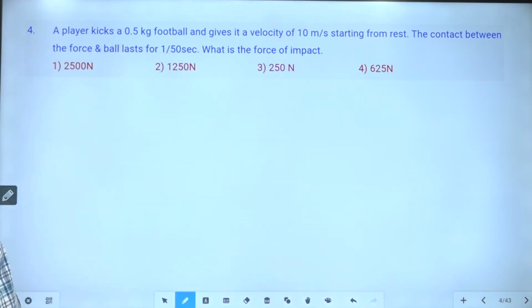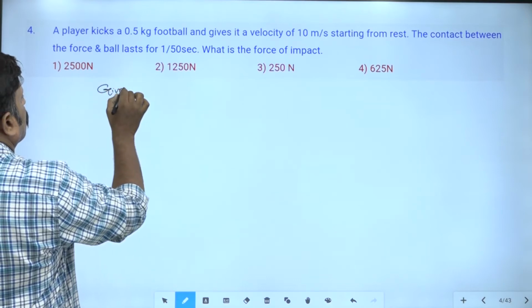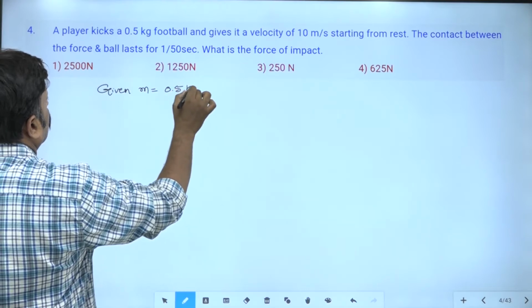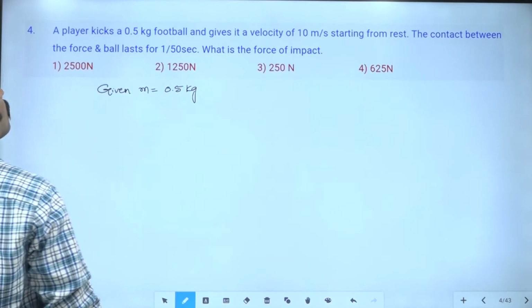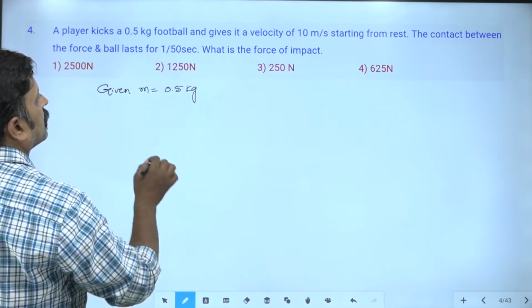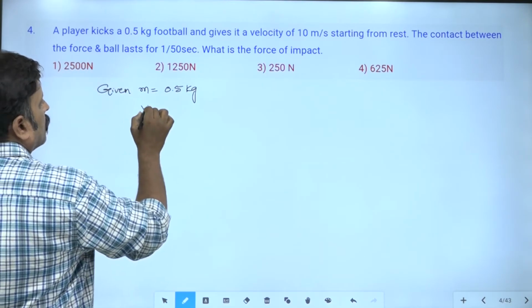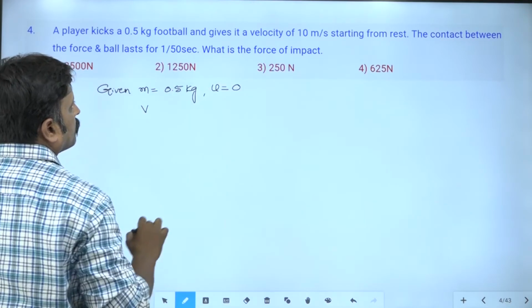See here, a player kicks a ball. The mass of the ball is 0.5 kg and gives it a velocity of 10 meter per second starting from rest. He said that starting from rest, so initial velocity must be 0.